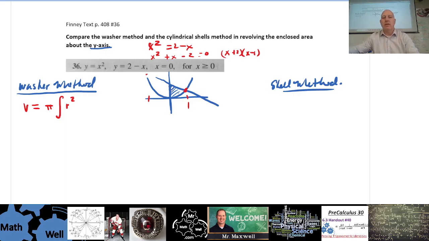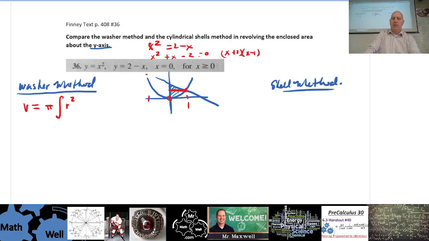Now, when we do it this way, the limits of integration are going to go from 0. For the washer method, we have to split this region up. That's what makes this tricky. So we have two different regions. Did you guys catch that? Okay, just to double check.